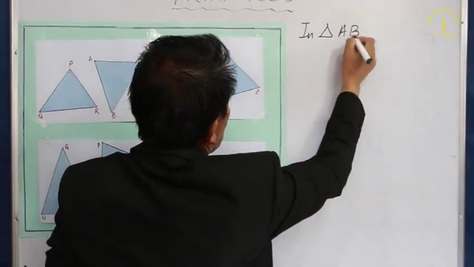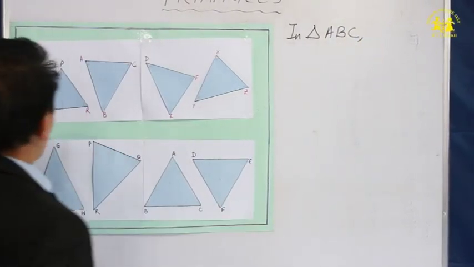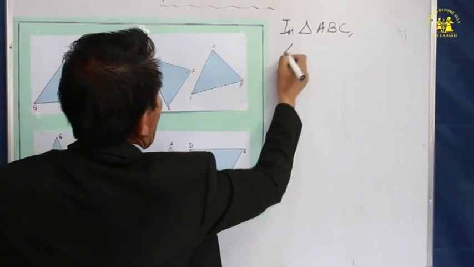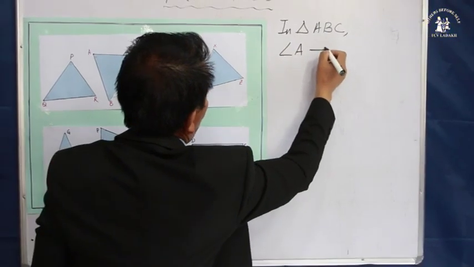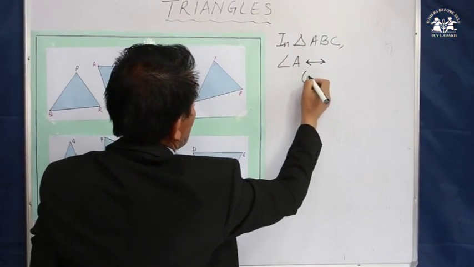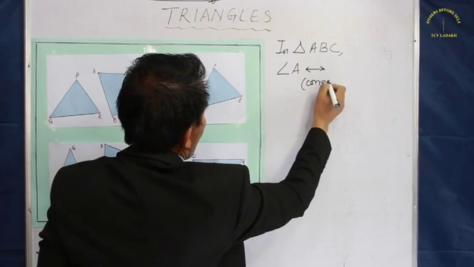So we'll find in triangle ABC, angle A corresponds, now this stands for corresponds.